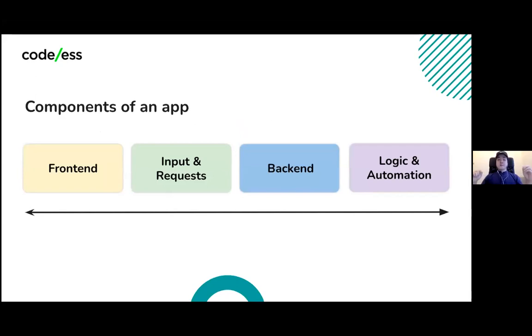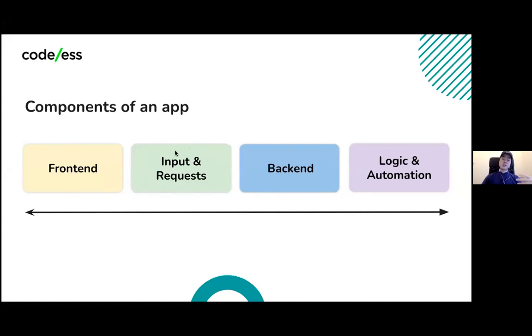Typically, this is what makes up an application, right? You have the front end, which is where your users will come to. When they land on your website, your landing page, they will see your front end, whatever information you want to display to them. Moving on from the front end, you will have the input and request. What do we mean by input?